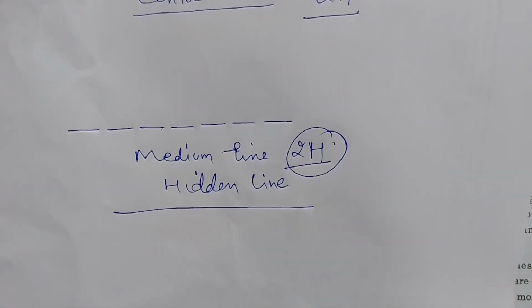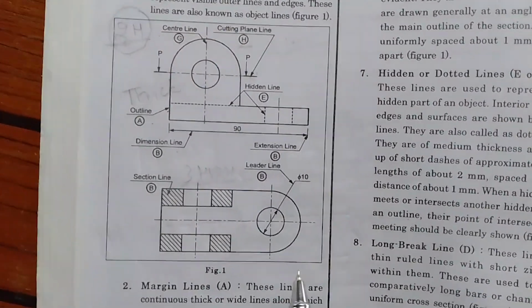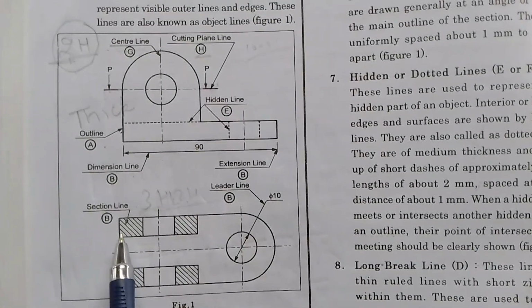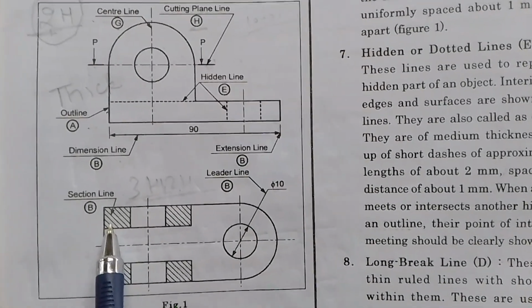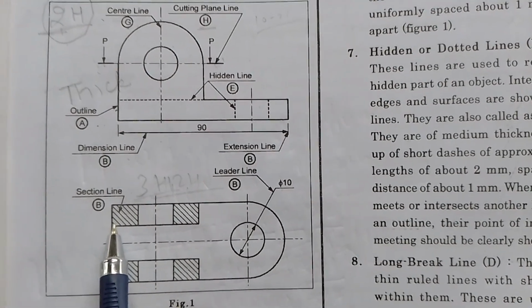Very soon we will be discussing the MCQs, but first of all we go to this. These are the section lines, or hatching lines, with a 1 mm or 2 mm gap at a 45-degree angle, used to show the cut section.